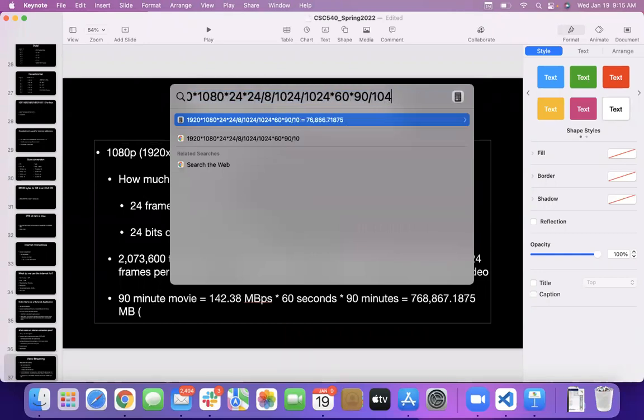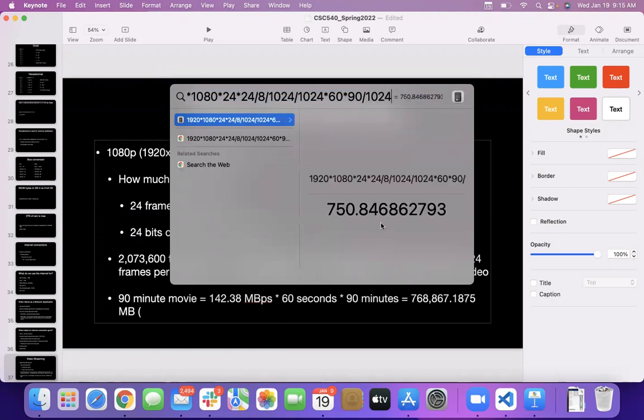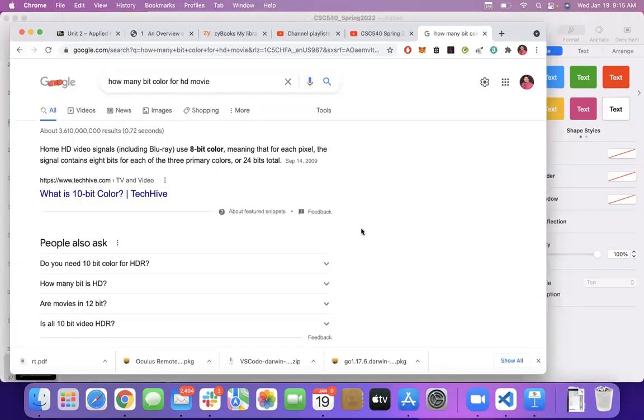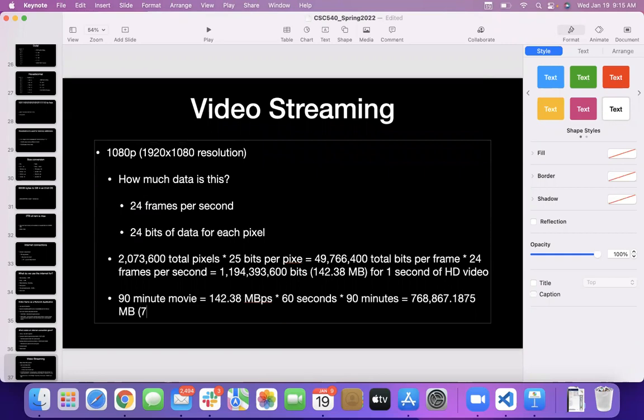Let's divide this by 1,024. So 750.8, let's just say, 750.8 gigabytes for a 90-minute HD movie. Okay, so 750.8 gigabytes is the total amount of raw data that would need to be sent over your internet connection for a 90-minute movie.